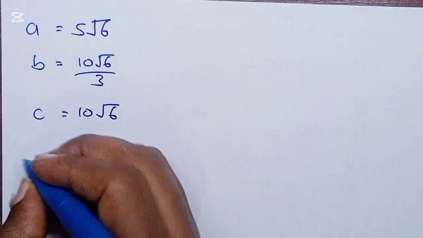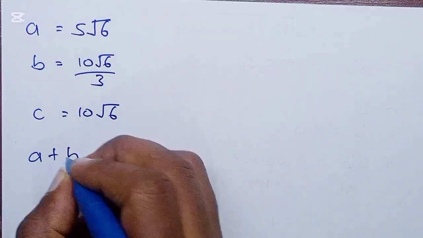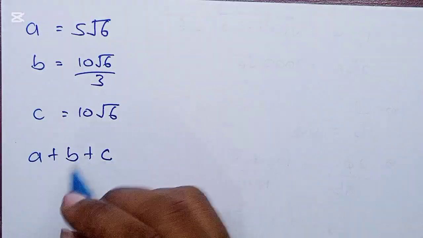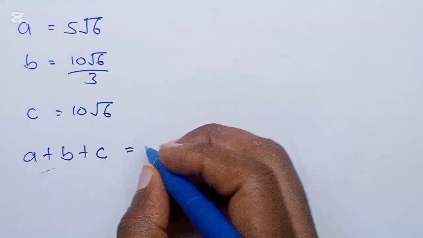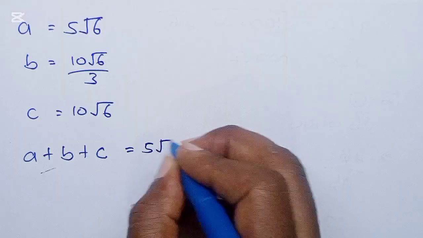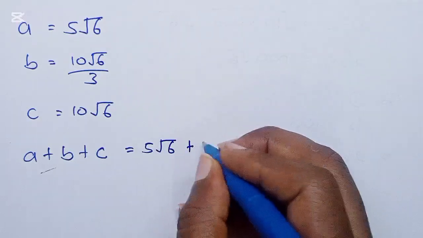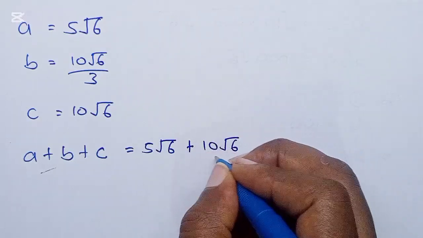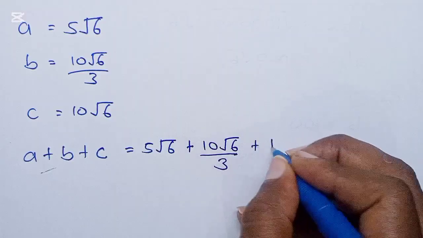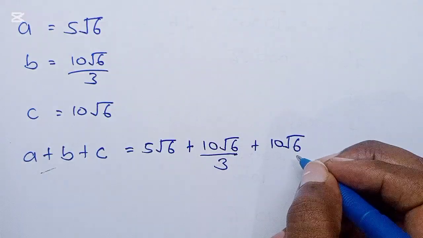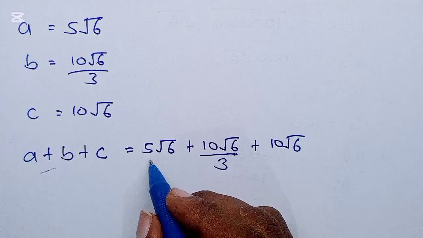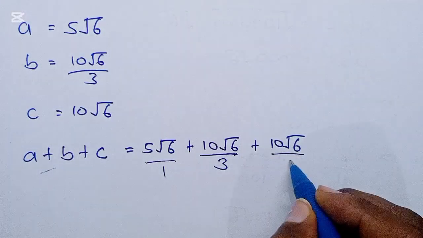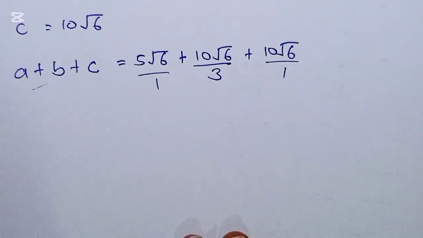But remember, we are required to find A plus B plus C. So to find this, we're simply going to add these. So we shall have 5 root 6 plus 10 root 6 over 3 plus 10 root 6. This is the same as saying this over 1, also this over 1.